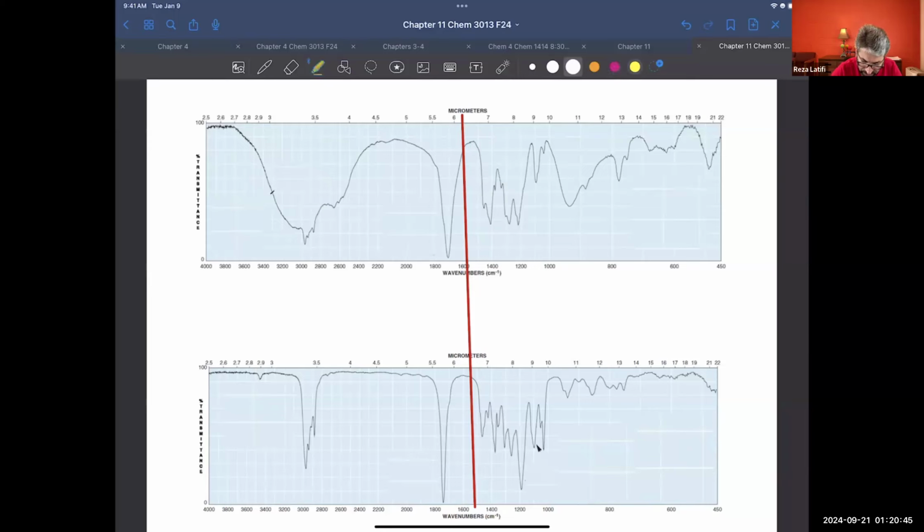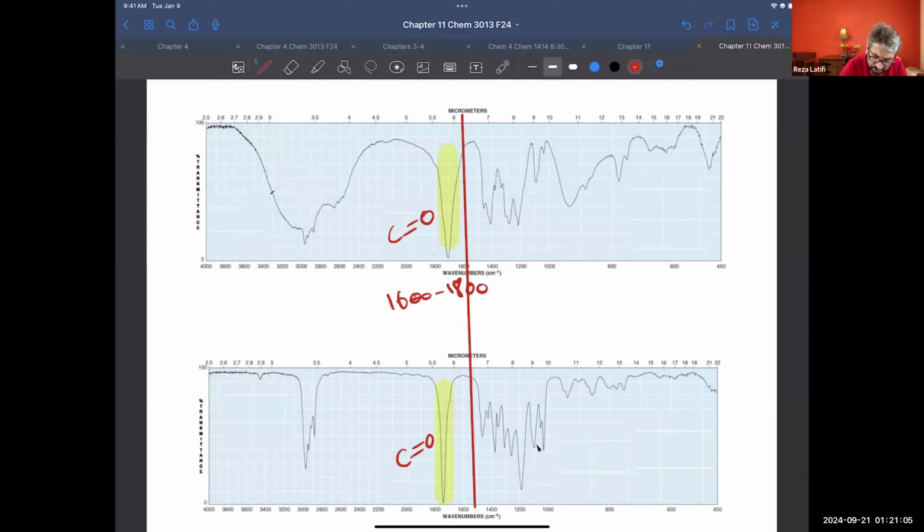One peak is here, and another one is there. So clearly we have C=O, because it's showing up between 1600 and 1800.